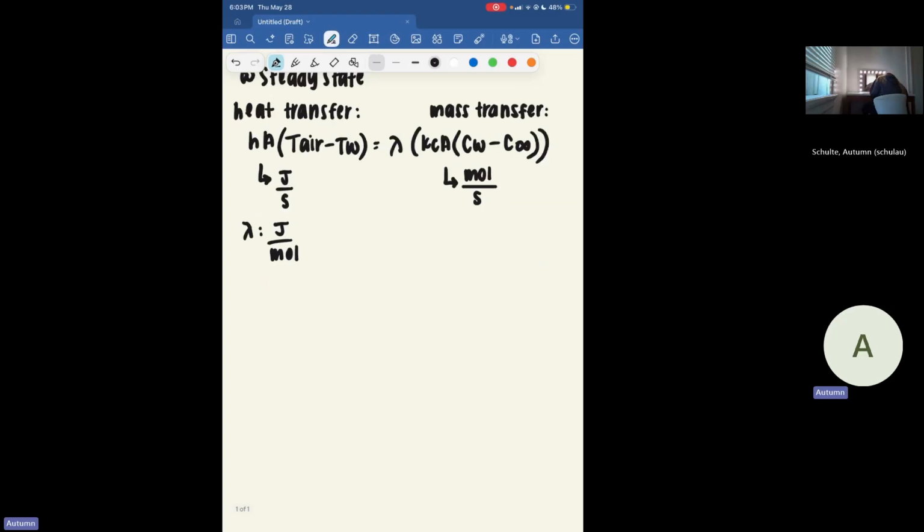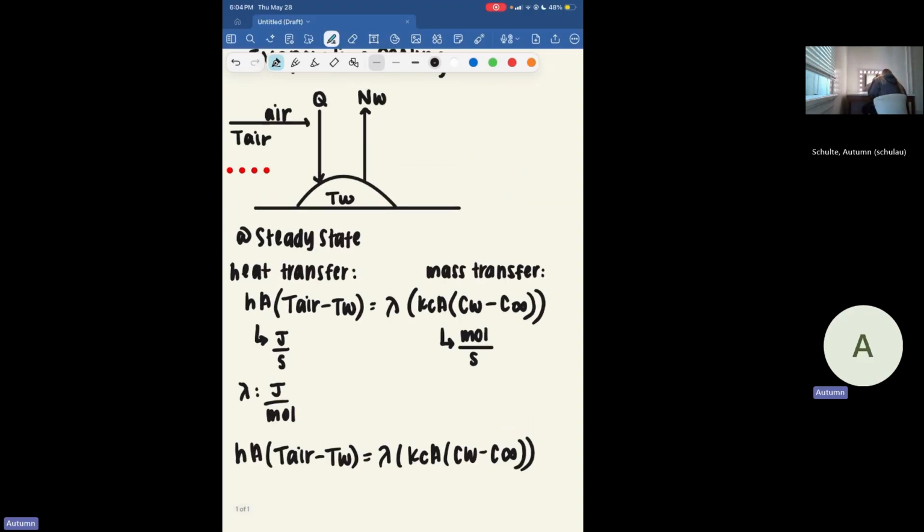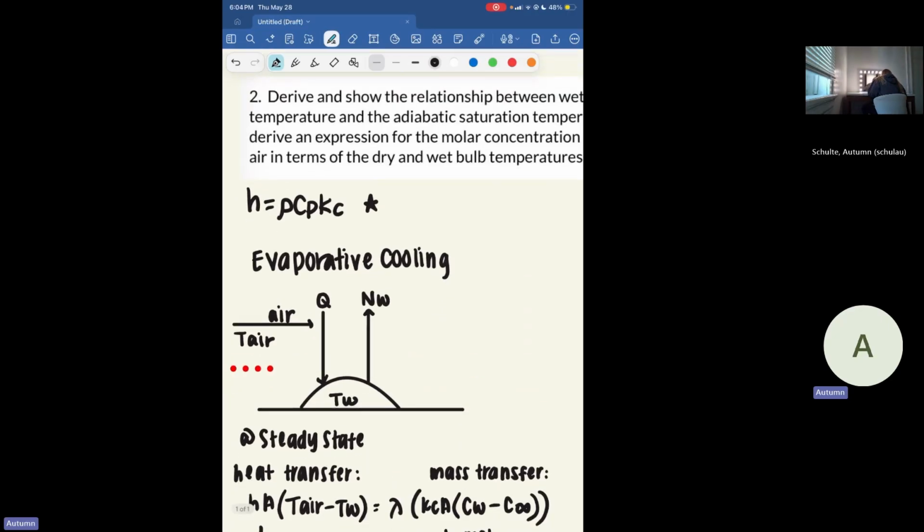So what we can do is we can actually multiply this mass transfer equation by this enthalpy of vaporization. So now I'm going to rewrite our equation. This is the heat transfer coefficient multiplied by the area multiplied by the temperature of our air minus the temperature of our water. This is equal to our enthalpy of vaporization multiplied by the mass transfer coefficient K sub C multiplied by our area multiplied by the concentration of the water minus concentration at infinity, or the concentration of the air. So now this is where our equation comes in that we had just derived. I'm going to plug in this for our heat transfer coefficient.